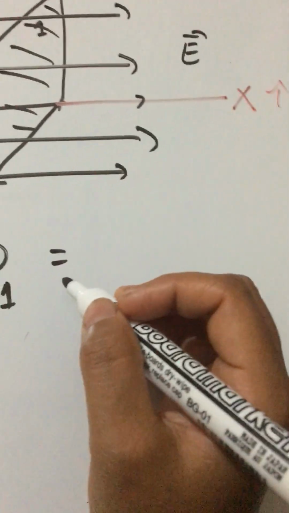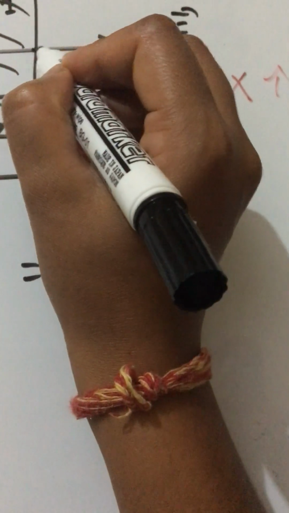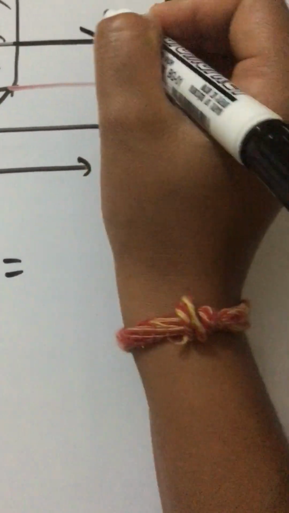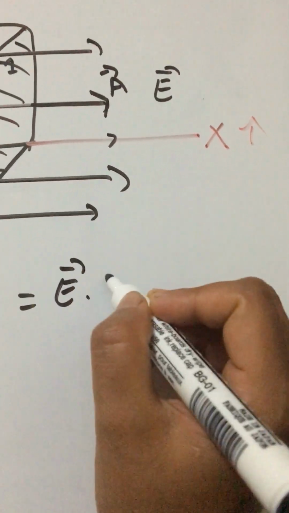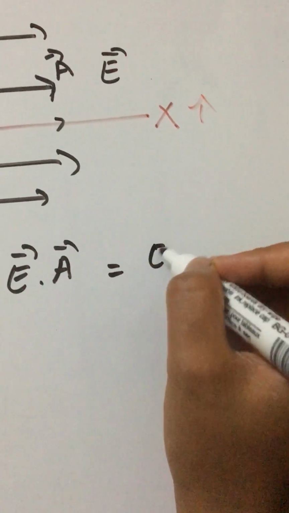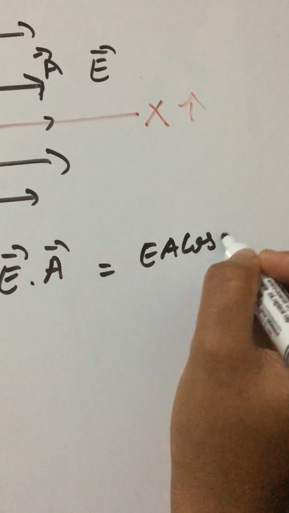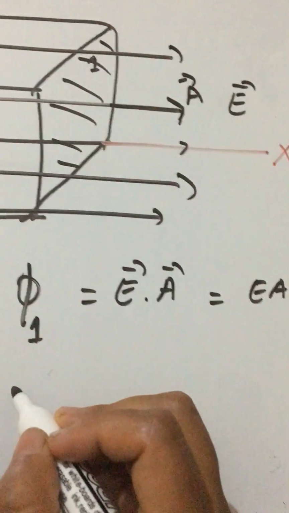Can you say? What is the direction of area vector? Area vector should also be directed outward, right or not? So this is E dot area vector. What is the angle? The angle here is 0, so what is it? EA cos of 0 degree. Cos 0 degree is 1. Okay, now come to 2.